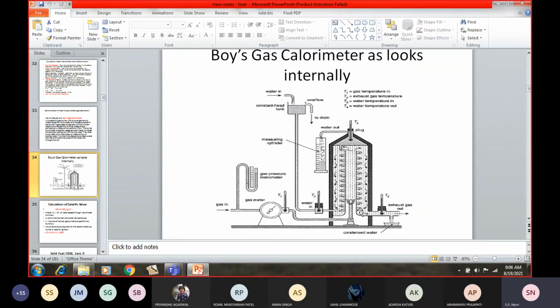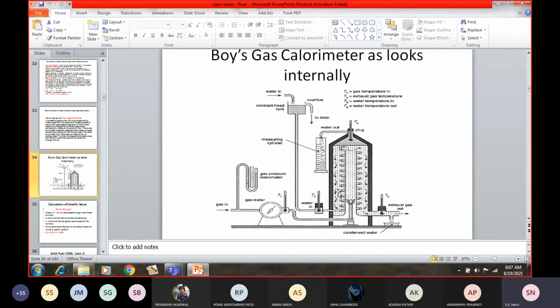Oxygen cylinder or any other cylinder. Inside it, this is the water inlet, and there is a spiral copper tubing in which water is flowing from bottom to top, isn't it?